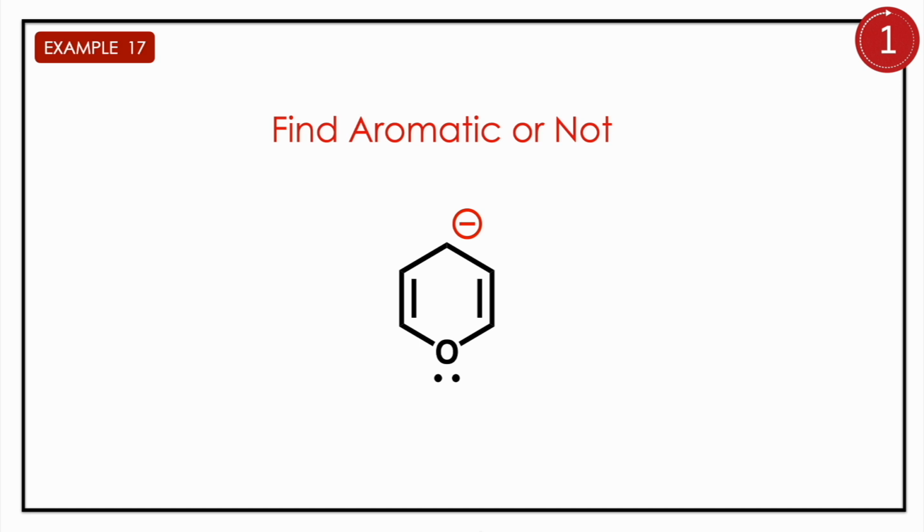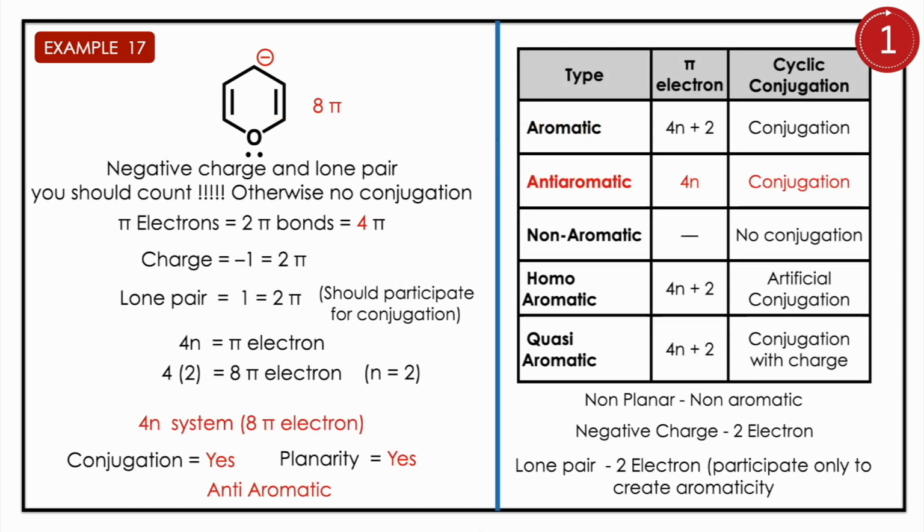Then the next example. Here you have a 6-member cyclic system with 2 double bonds, 1 oxygen, 1 anion. You should find whether the given compound is aromatic or not. By looking at it blindly, you may commit a mistake, but the compound involves delocalization from the anion and lone pair.